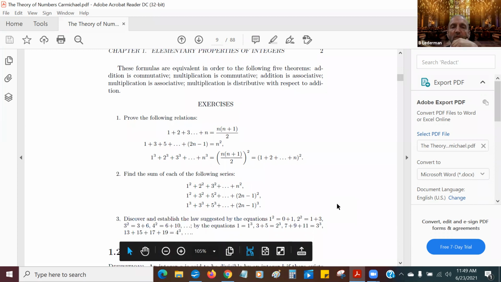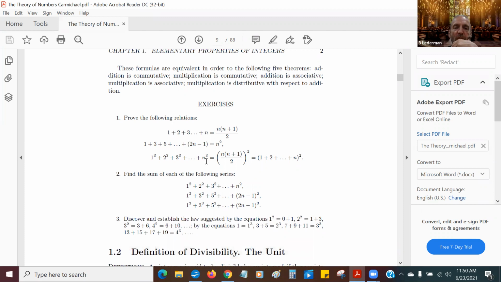We mentioned that the sum of the cubes is n times n plus 1 over 2, squared. That's cool, but this is not quite the same thing. It's similar, but not quite the same, and that's what makes it so tricky.